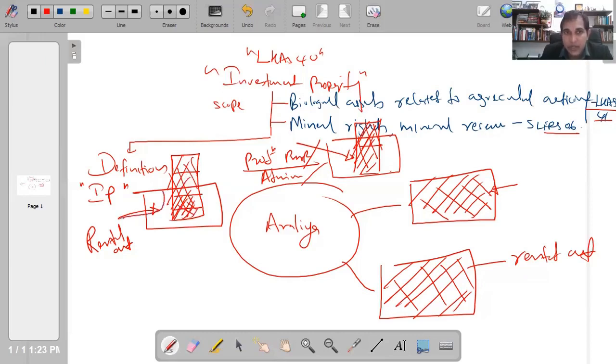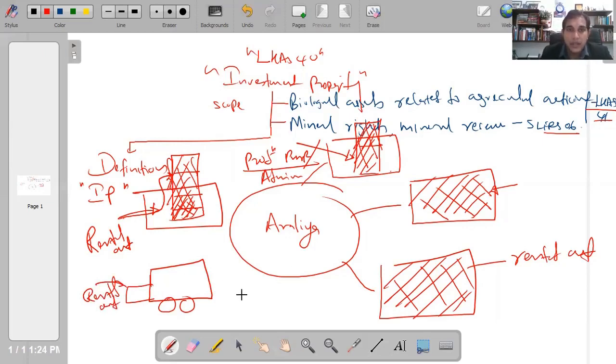So part of this building has been rented out. Then there is another motor vehicle, an additional motor vehicle, which is also rented out.